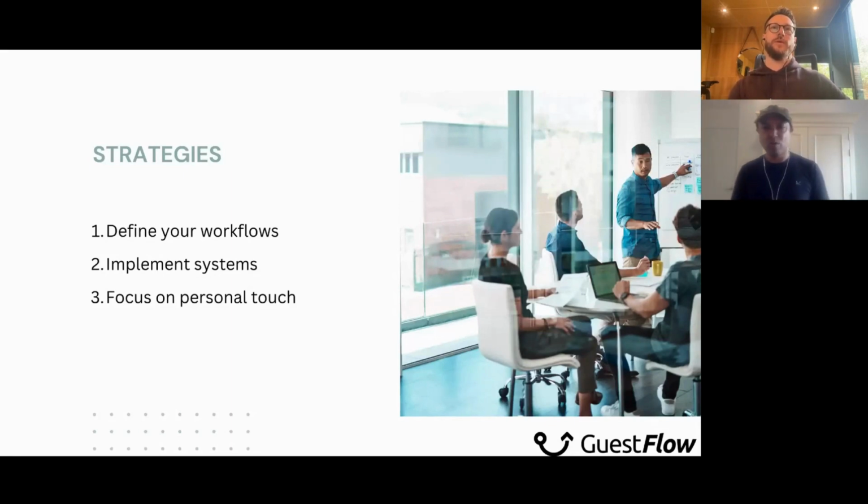Or if they've had a poor experience, empower them to provide a discount. Say we're really, really sorry, we're going to discount your stay because we've dropped the ball. It's being able to do that and having all of that recorded so you can see the outcome of those decisions. Did that work? Did it lead to a happy customer? It's all recorded in that system so that you can track these decisions that your team are making. That's really important as well.